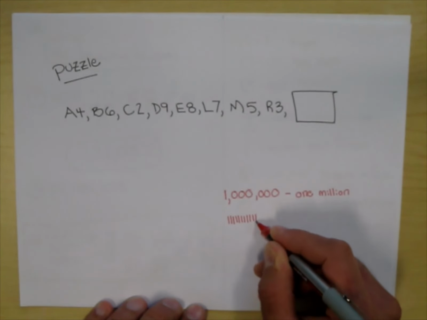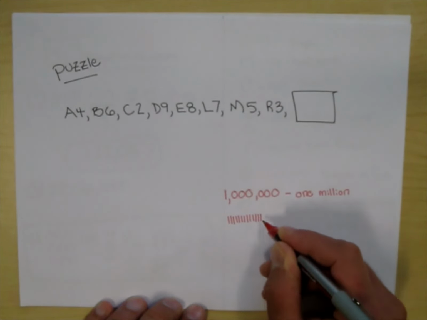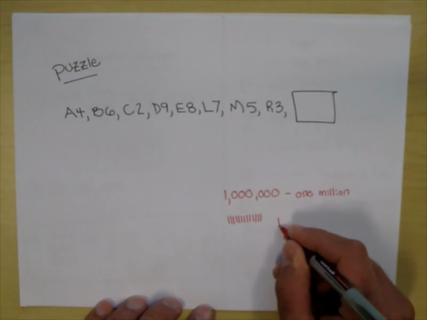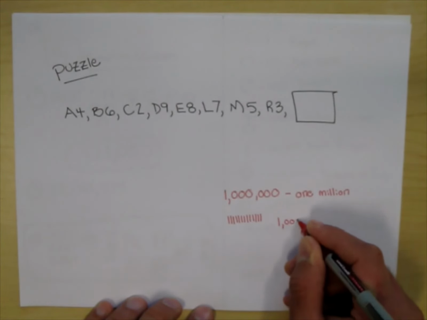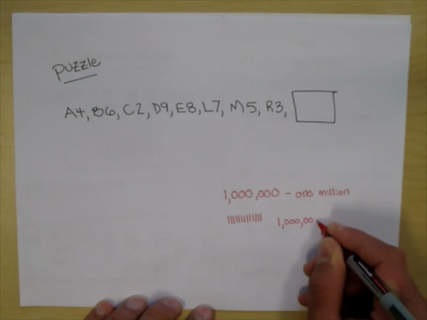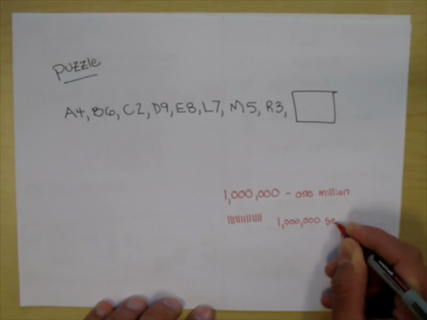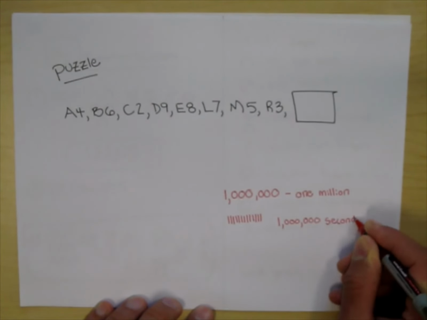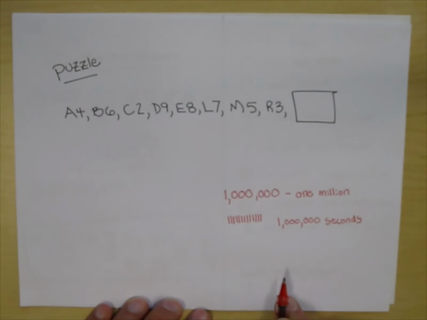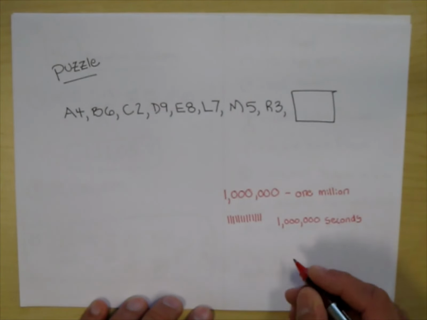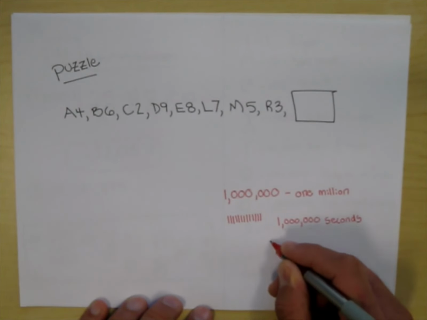How long will it take? Well, it will take 1 million seconds. But what is 1 million seconds? Well, if you did the unit conversion, you'll see that 1 million seconds is a little more than 11.5 days.